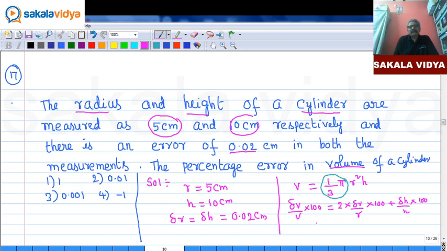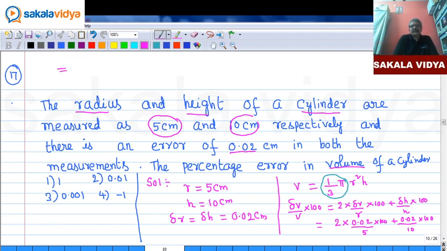Now substitute the values: 2 into delta r, 0.02 by r is 5, into 100, plus delta h also 0.02 by h is 10, into 100. So we need to simplify this.